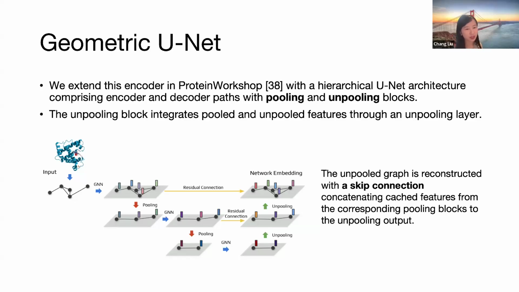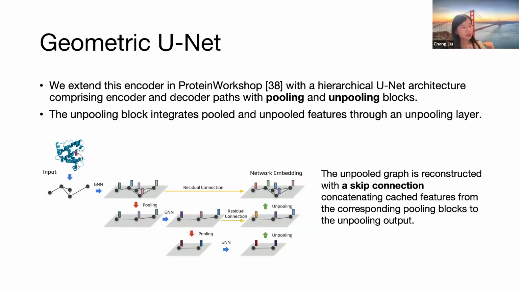So what's more specifically is we initialize all the scalar and vector features to zeros in the reconstructed unpooling features. And why this kind of skip connection is very important is because along with the unpooling phase of the UNet, we sort of reconstruct the graph of the protein structure, right?